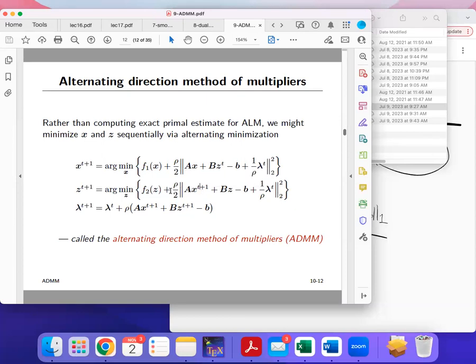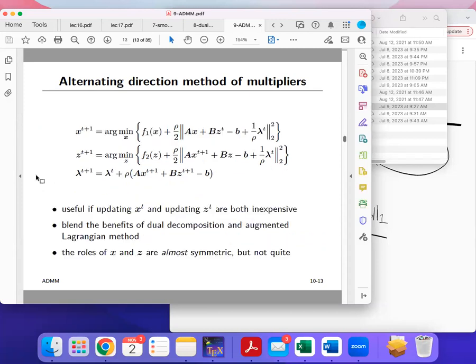And again, this can be done by proximal mapping or some other methods. So each sub-problem is much simplified. I think we will leave the discussion to the next lecture, and we will have some convergence proof.